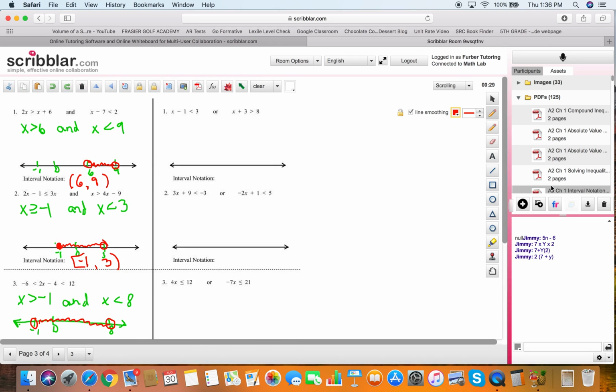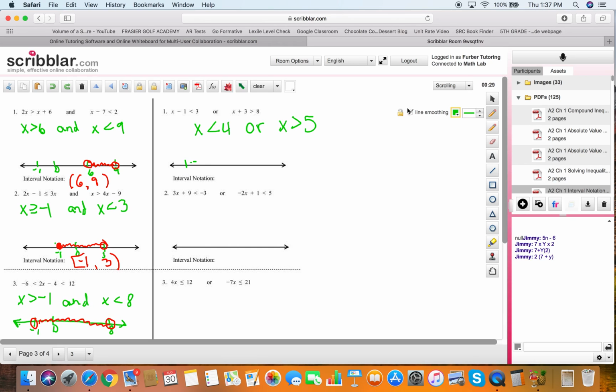And then we had 3 or examples, and this is where we're going to need to use 2 sets of things for the interval notation. So this one, the first example, we had that x was less than 4 or x was greater than 5, and so they're really close on the number line.